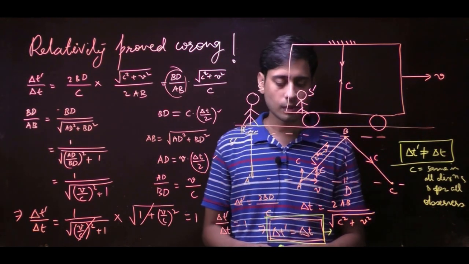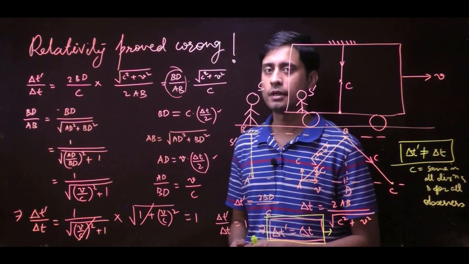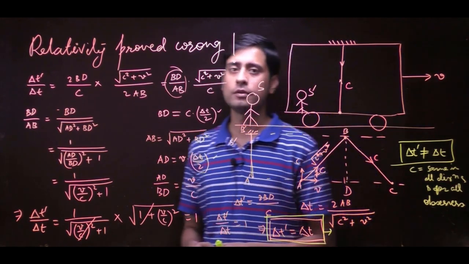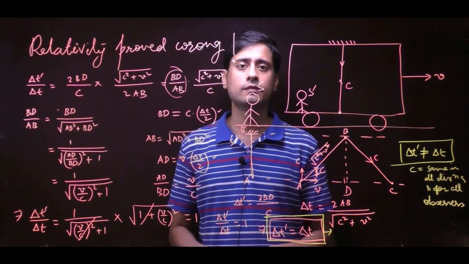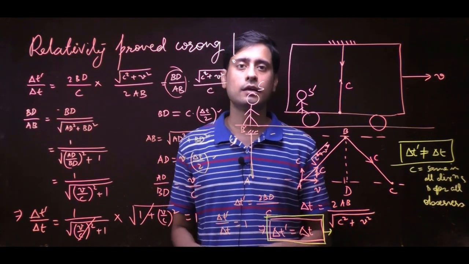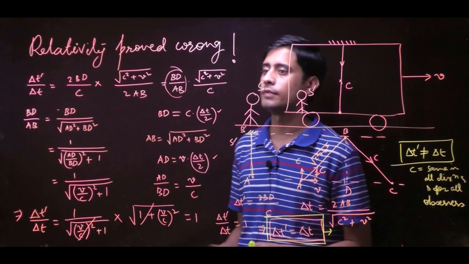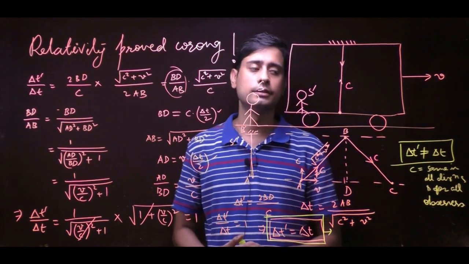For normal speeds in our day-to-day life, the effect of time dilation is so negligible that we just ignore it, and the Galilean transformation and Newtonian laws work well in that regime.